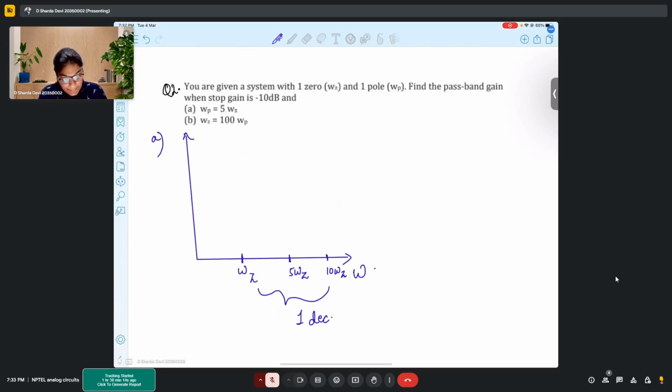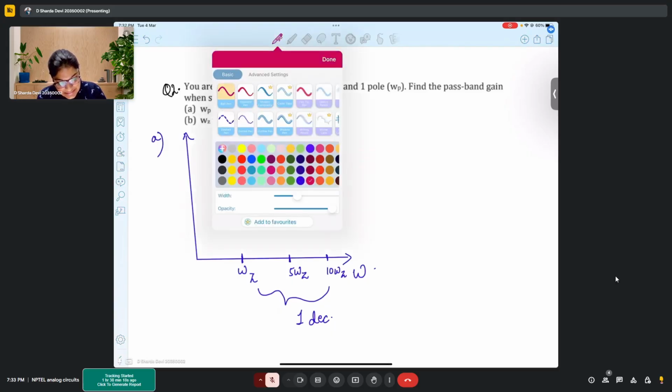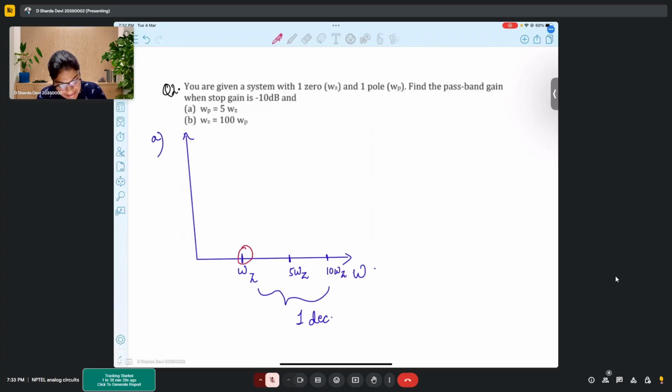Okay. So here what is given is we have 1 zero at omega Z, and at 5 omega Z there is a pole. So somewhere the transfer function would start from some constant value and it encounters a zero.